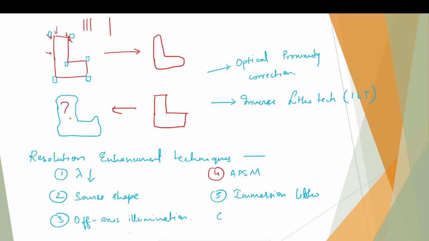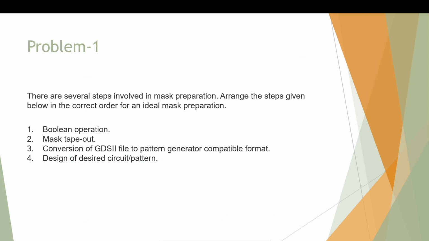And another thing is double patterning, which is something we discussed in the last class, right? So all these things can be done to enhance the resolution. Okay, so now let us do some problems.